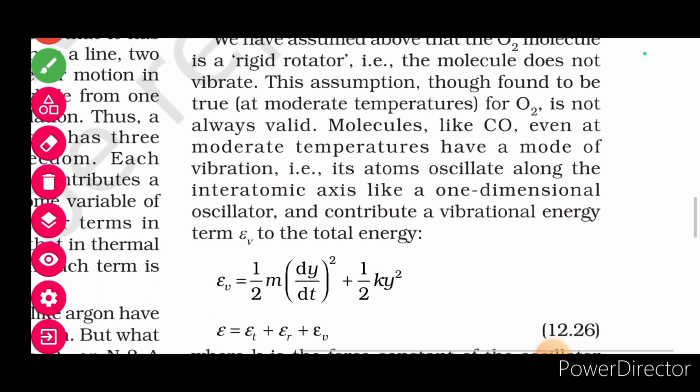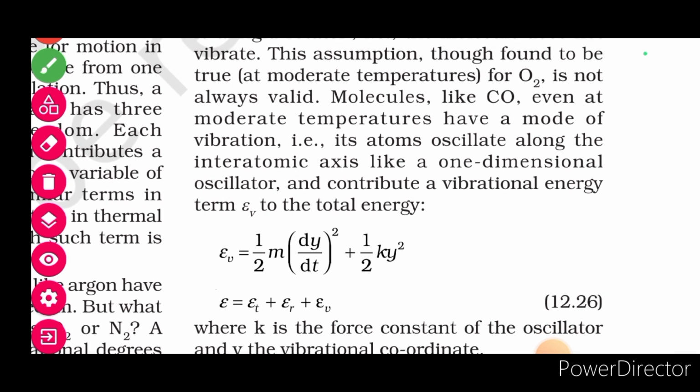That is, its atoms oscillate along the interatomic axis like a one-dimensional oscillator and contribute a vibrational energy term epsilon V to the total energy. So even at moderate temperature, CO vibrates and has vibrational energy, and this will also contribute to the total energy.